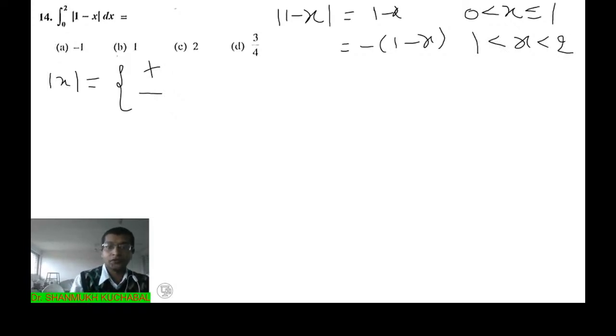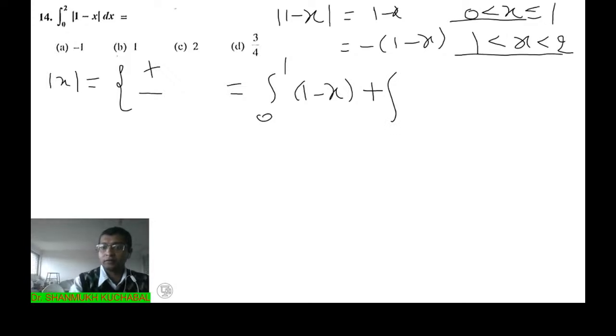Okay, so we will split this into two integrals. First, x goes from 0 to 1 with 1 minus x, and further plus another one from 1 to 2 with minus of 1 minus x.